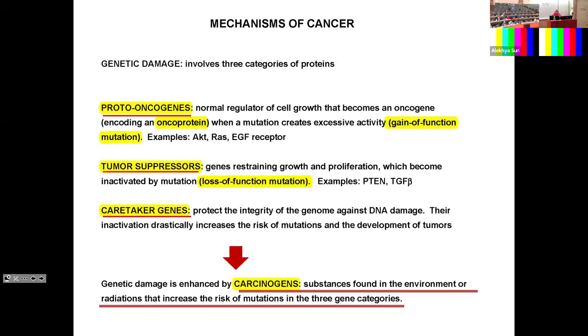I mentioned that the mutations happen in these three groups of genes: proto-oncogenes, tumor suppressors, and caretaker genes. These categories are influenced by carcinogens. This is the definition of carcinogens, for those that don't know: substances found in the environment, or radiation, that increase the risk of mutations in these three different categories.